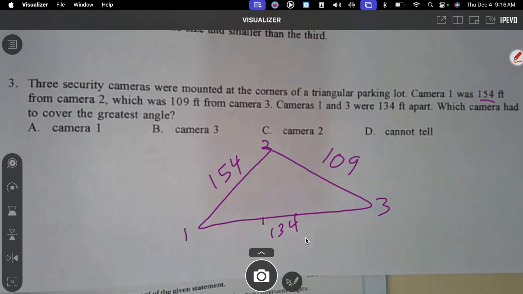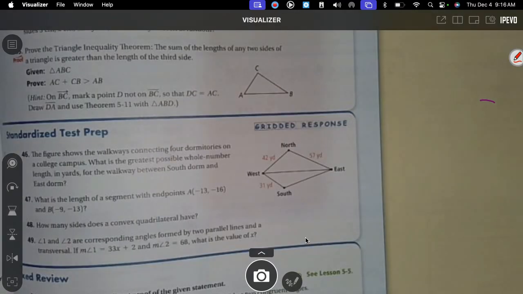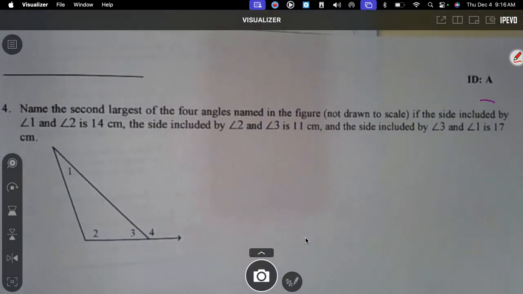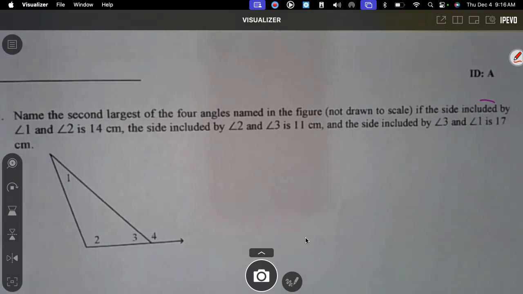Draw a picture. Just read it, okay? Let me see. I'm not finishing that one for you. I just want to help you draw. Let me look at this one because it looks confusing. Number 5.